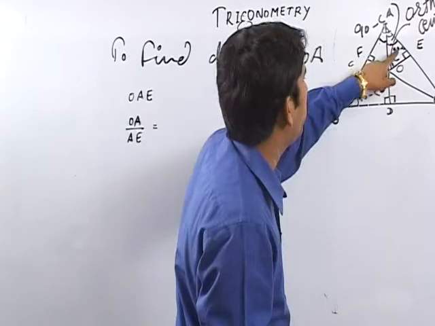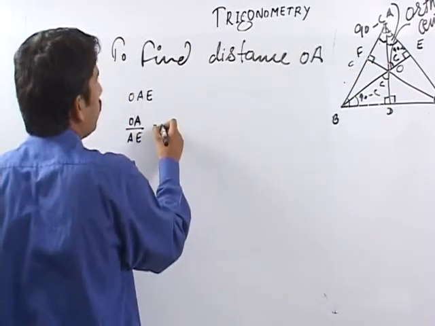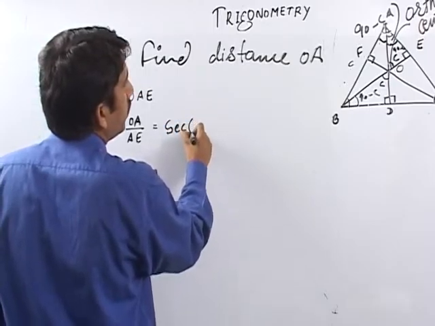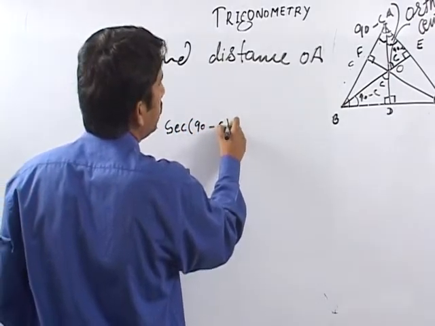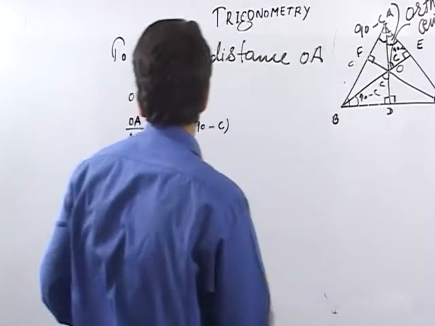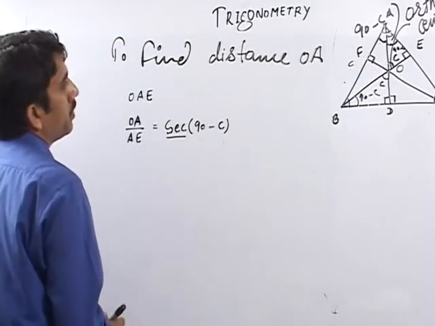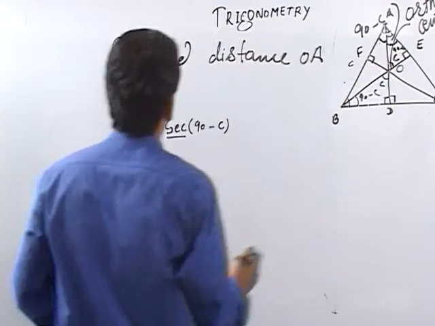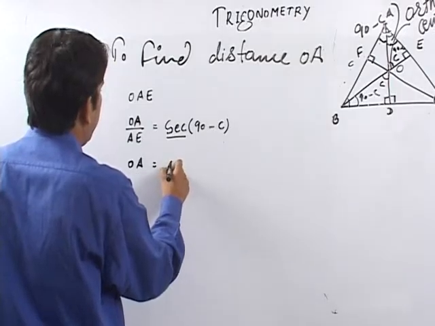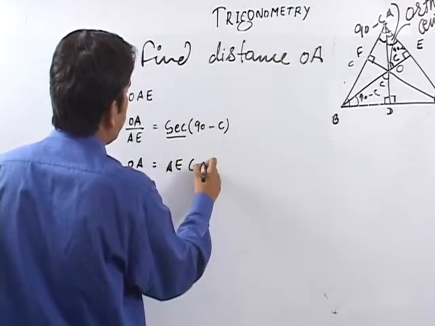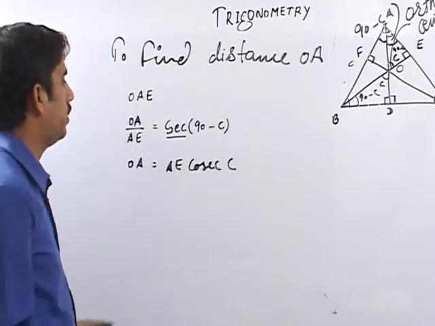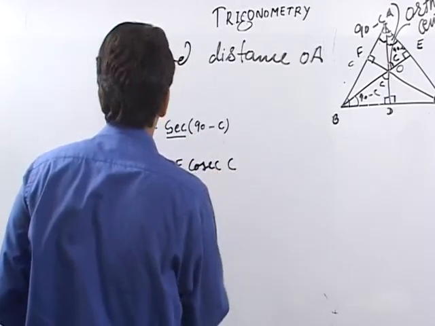If you take this angle 90 minus C, this will be equal to secant of 90 minus C, because this is hypotenuse over base, that's why we have taken secant here. Since this was 90 minus C, we can write OA is equal to AE cosecant C, since this line is in the first quadrant.